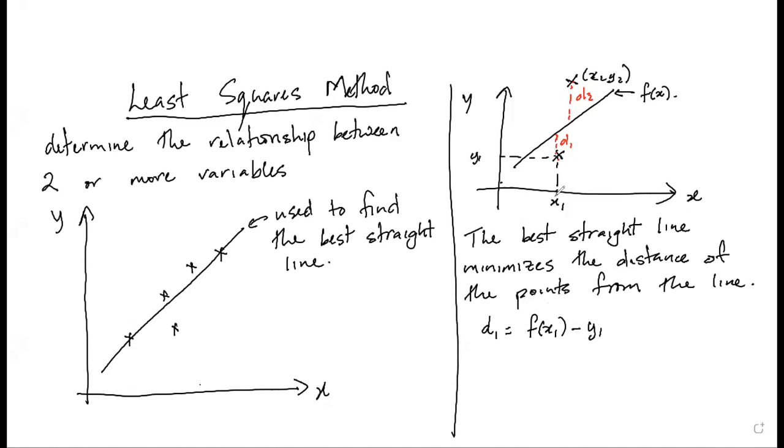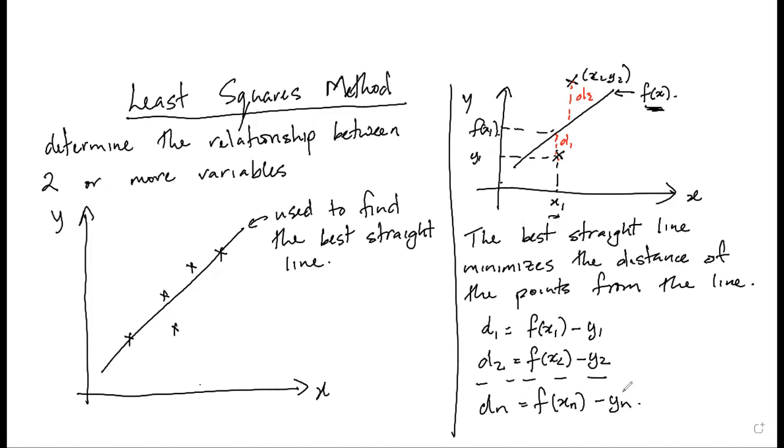If I plug x1 into this function, then this is going to be whatever the value is, f(x1). And d2 is f(x2) minus y2, and so forth and so on. And dn would be f(xn) minus yn. I don't know if you understand this; if you do, then my life will be very simple.